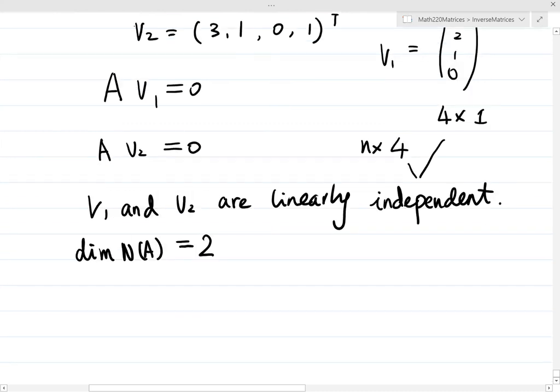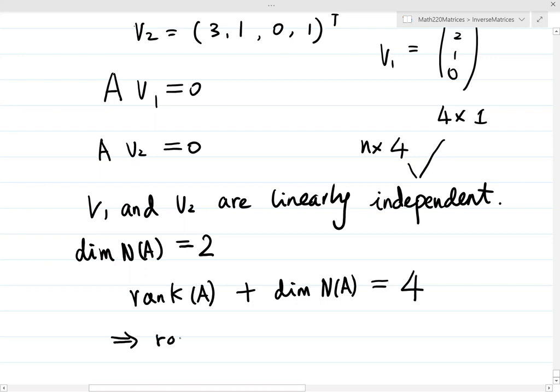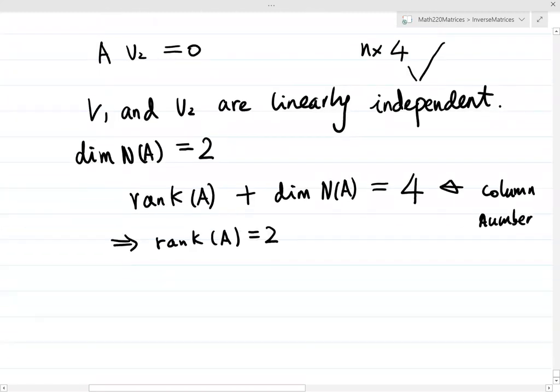So by the Rank-Nullity equation, the dimension of the null space plus the rank of the matrix should equal the number of columns, which is 4. So rank A should be 2. This 4 comes from the number of columns of A. Now A has rank 2.